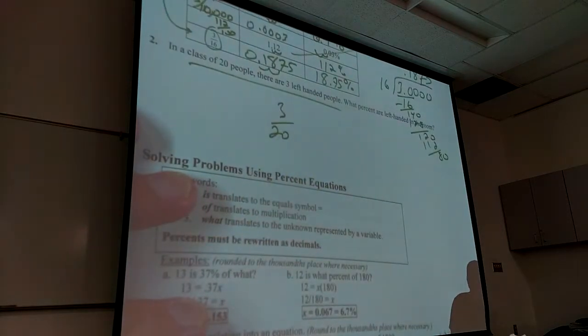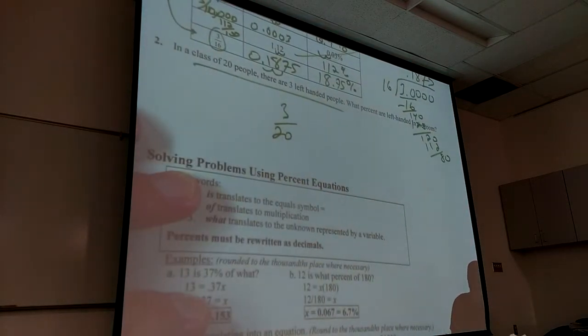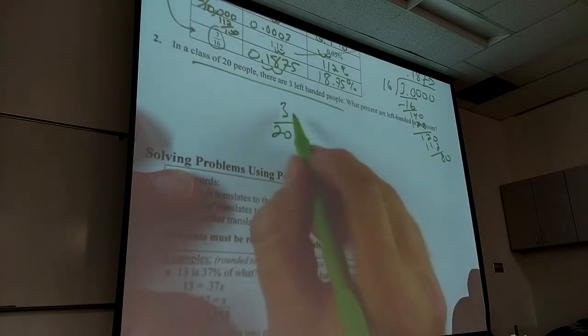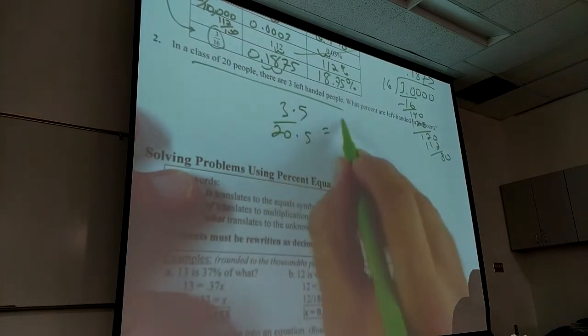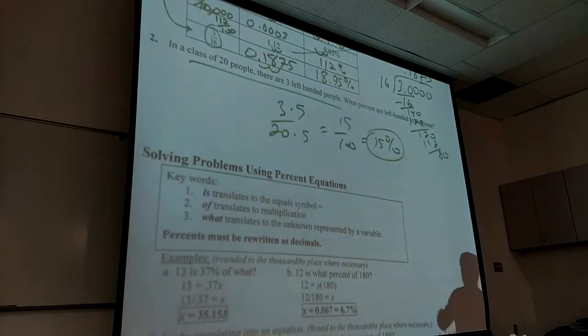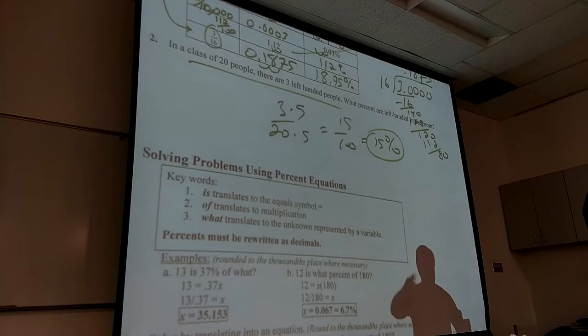Then you can convert that into a percentage easily because the bottom becomes 100. Times 5, times 5, 15 over 100 is 15%. Someone said every one would be 5%, so if I've got 3 of them, that's going to be 15%. So it's a whole other way you can do it.